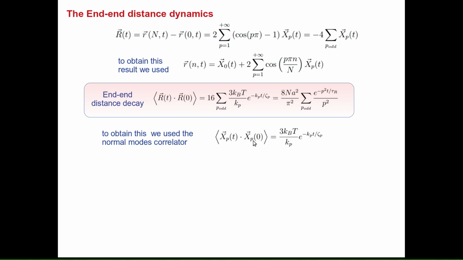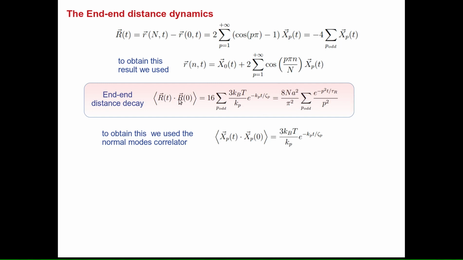Therefore, the scalar product of x_p of t and x_p' of t, with p' different from p, is 0. So only the diagonal terms survive, and this is the result. Minus 4 squared gives 16, and the correlators give this result, which we put back here. We can also rewrite this result in this form.